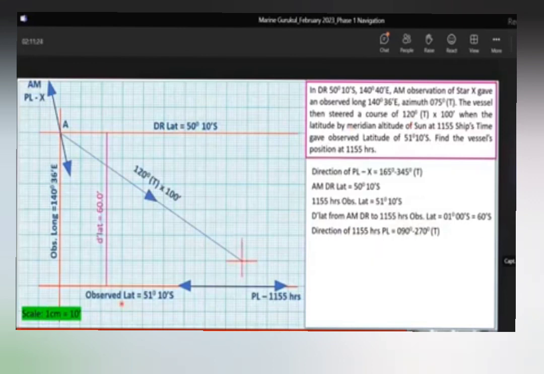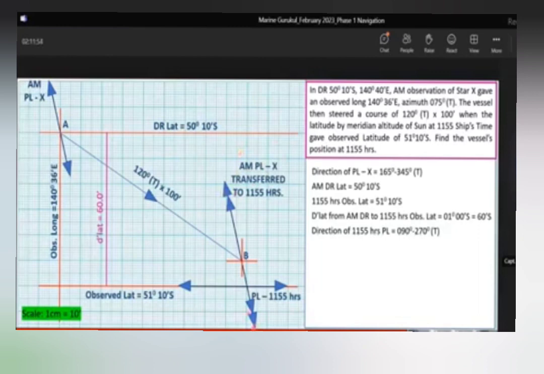And this takes us to point B. That means because of the ship steaming from morning till 11:55, point A on the first PL gets transferred to point B. That means if I have to transfer this morning PL, which is in the direction of 165 to 345, it can be drawn through B, and we get this 11:55 transferred PL, which is the morning PL transferred to 11:55.